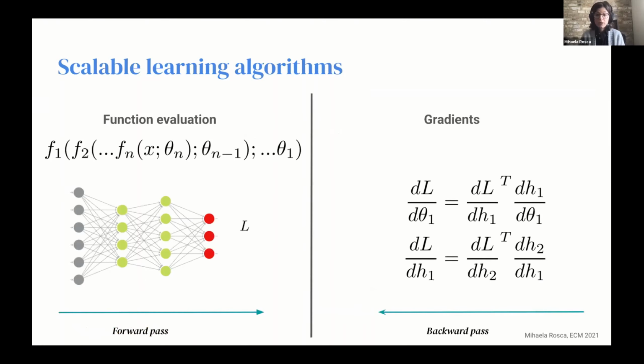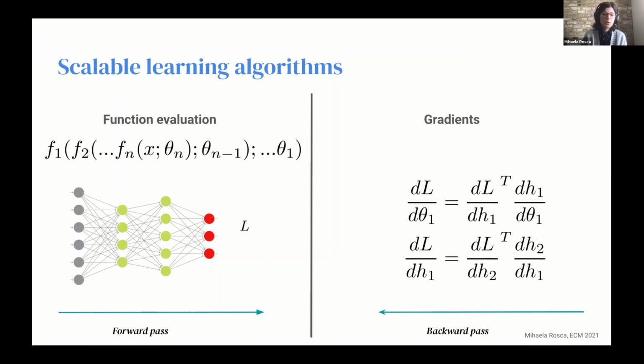But in order to be able to compute these gradient descent updates, we need to be able to compute the gradients of the loss function with respect to any parameter of our model. So this is why we have what in neural networks we call the forward and the backward pass. The forward pass is just evaluating our function approximator, so our neural network, and that's very easy.